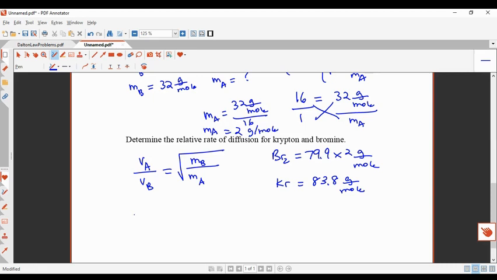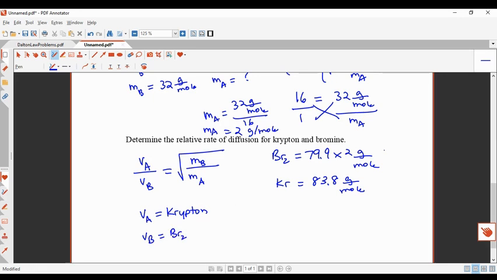So I'm going to make krypton as A, since it's moving faster. So I'm going to get a number that's greater than 1 for the relative rate of diffusion for krypton and bromine. So Va is going to be krypton, Vb is going to be bromine.